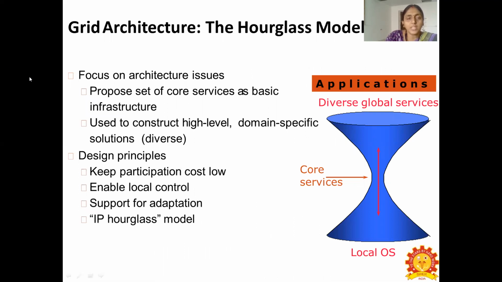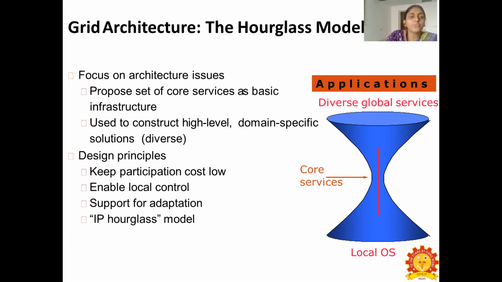And now we will see the grid architecture, that is the layered model. This model focuses on architecture issues that propose a set of core services as basic infrastructure. And this architecture is used to construct high-level, domain-specific solutions which are in diverse areas.